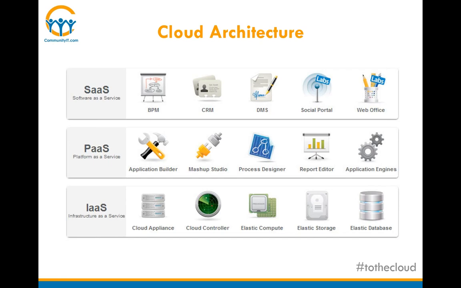So chances are you're probably using multiple layers of cloud, even if all you're seeing is software as a service. And that's really the direction that the industry as a whole is headed in.